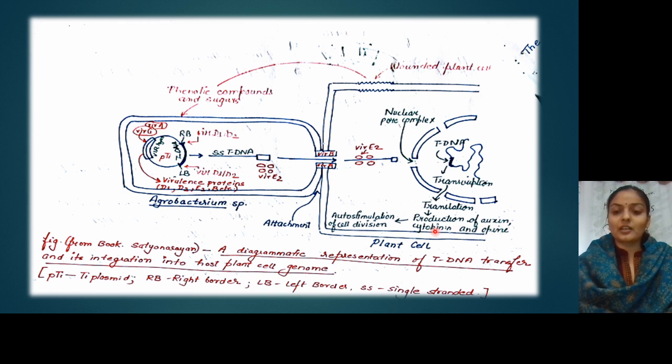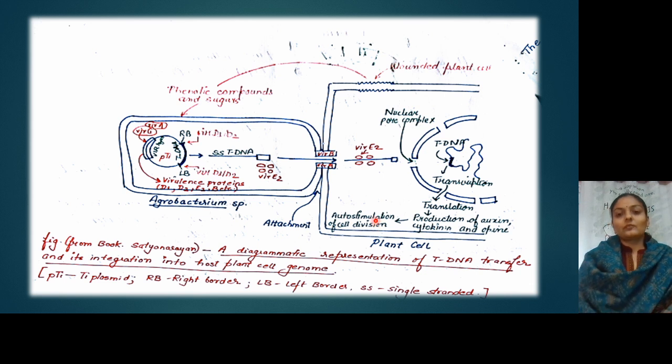Auxin and cytokinin stimulate cell division, and thus the tumor is formed. So this is how the signal transduction takes place, and the Agrobacterium attaches to the plant. Single-stranded T-DNA is transferred from the bacterium cell to the plant cell, gets integrated with the plant genome and results in the crown gall disease.